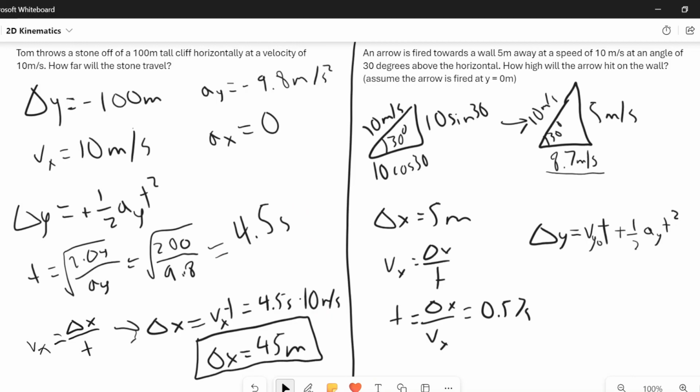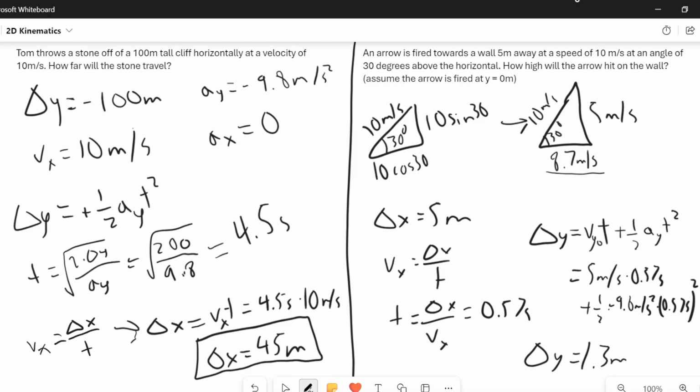We get 5 meters per second times 0.57 seconds, plus half times negative 9.8 meters per second squared times 0.57 seconds squared. If you plug in the numbers, you should get that delta y is roughly 1.3 meters.